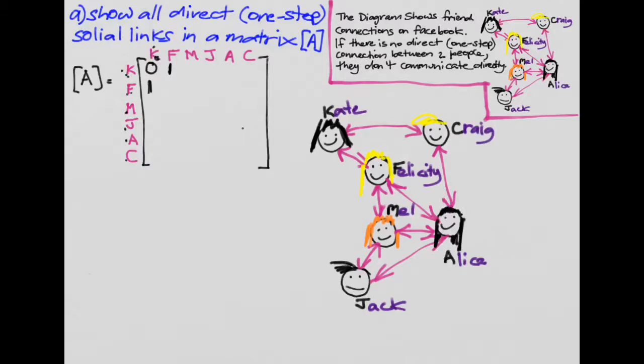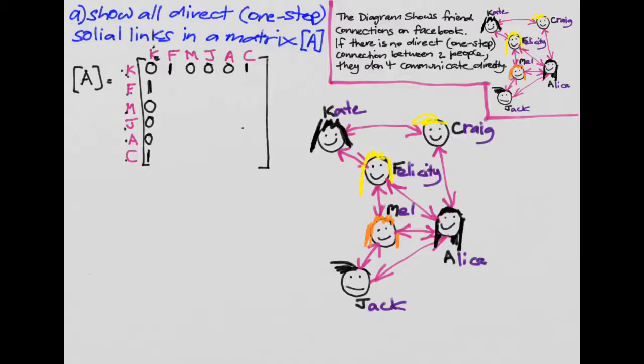Now looking at Kate and Mel, Kate does not have a direct arrow connected to Mel, so 0. And again, we put 0 down here. Kate to Jack, that's another 0 because there is no direct line arrows running from Kate to Jack. Kate to Alicia, 0, 0. And finally Kate to Craig will be a 1.